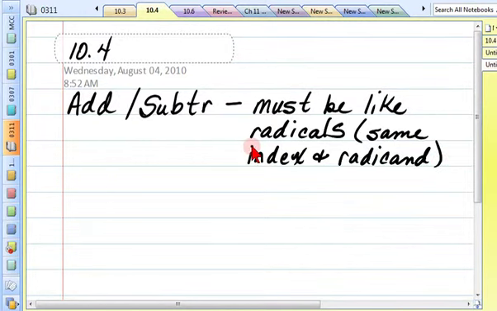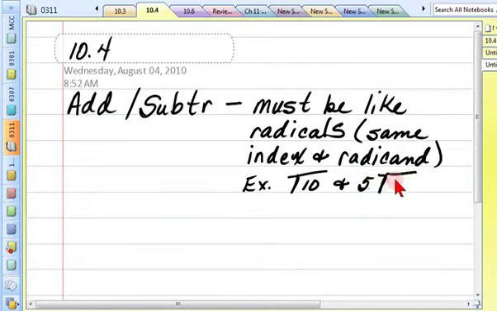An example of like radicals would be the square root of 10 and 5 times the square root of 10. Those two have the same index, they both are square roots, and they are both square roots of 10. I can add them or subtract them by doing the arithmetic with their coefficients.